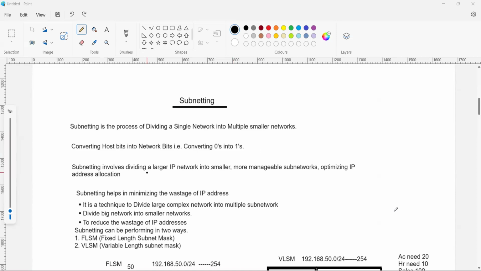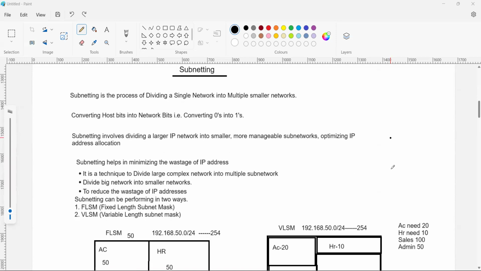Subnetting involves dividing a large IP network into smaller, more manageable subnetworks, and optimizing IP address allocation. It means we are giving the IP address to the end host. So mainly subnetting helps in minimizing the wastage of IP addresses.